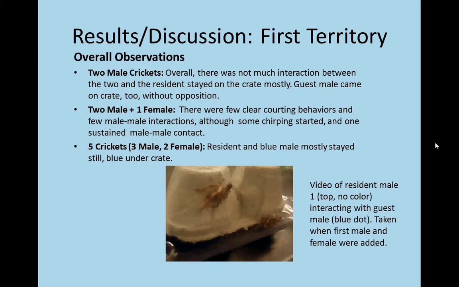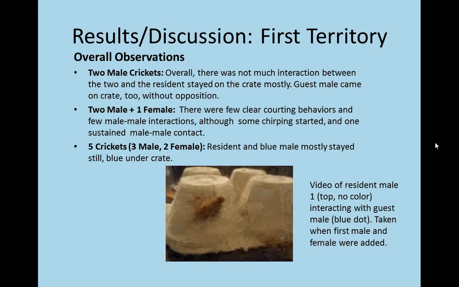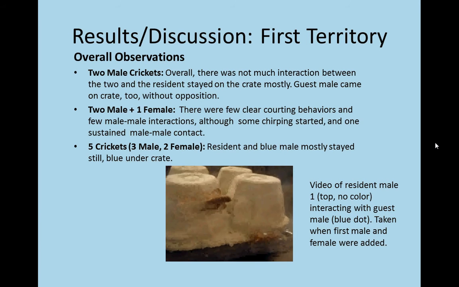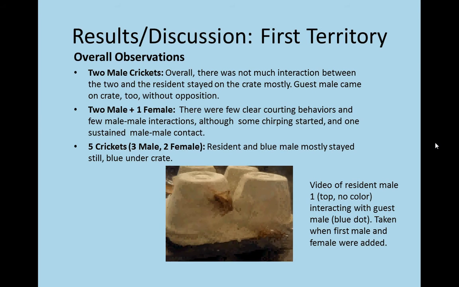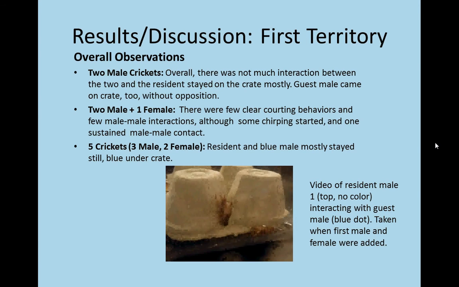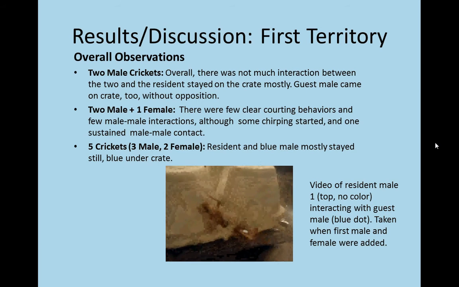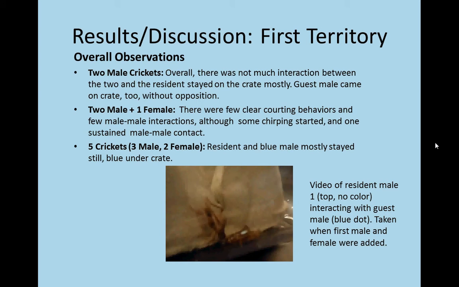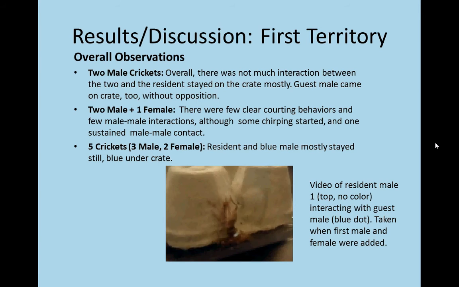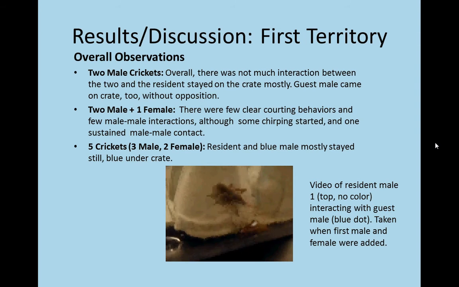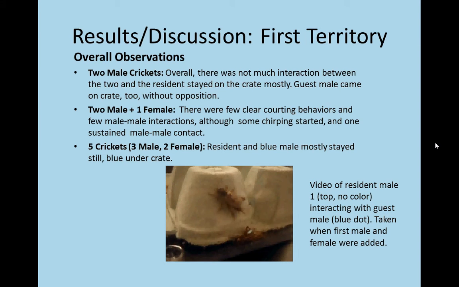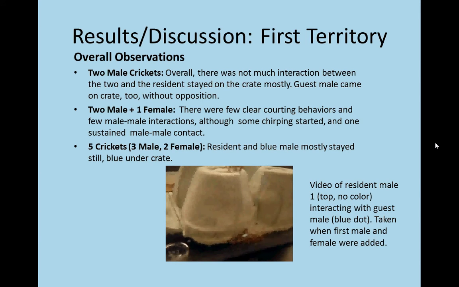You can see both males are using their wings as a display without contact first, and then the resident male comes down to touch the other with his antenna. They touch slightly, but mostly use their wings to warn each other, and then both move on.